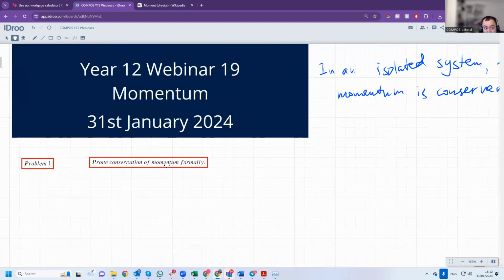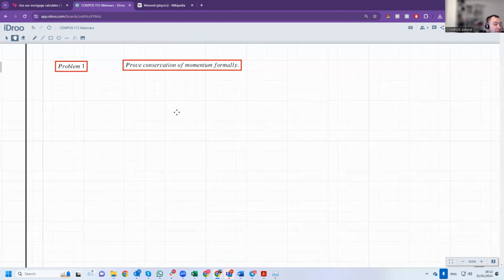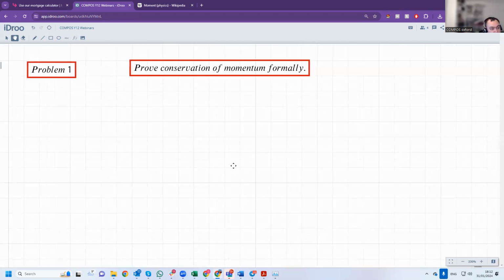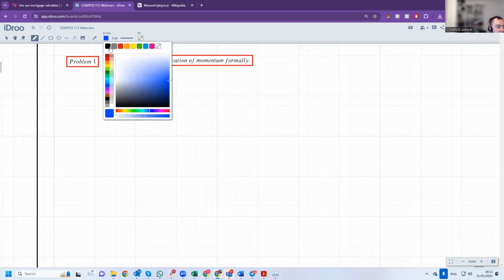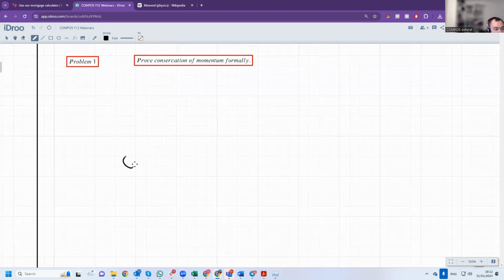So let's prove that for 3 objects, for example. Let's say we have 3 objects to prove conservation of momentum formally. Object 1 of mass m1, object 2 of mass m2 and object 3 of mass m3. Let's say object 1 interacts with object 2.